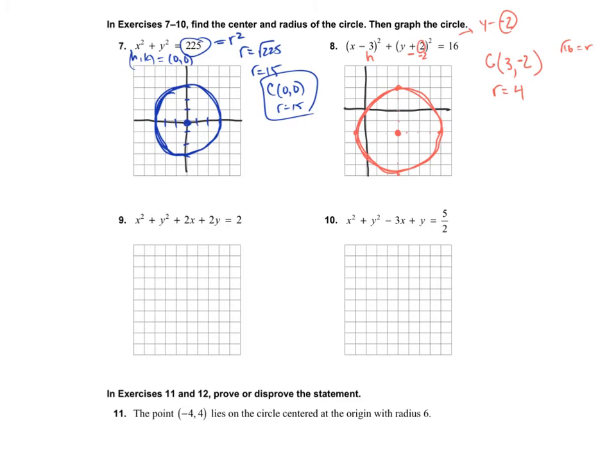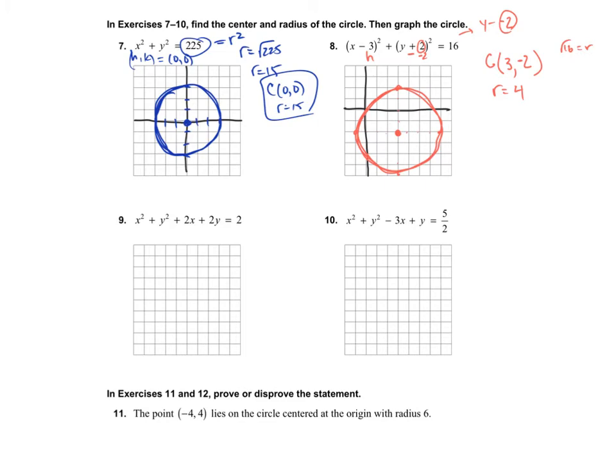All right, these next two, well, these are going to be tough. You're going to have to go back and think of what you did last year when we completed the square, because my goal is to rearrange this whole equation right here to look like our equation for a circle.